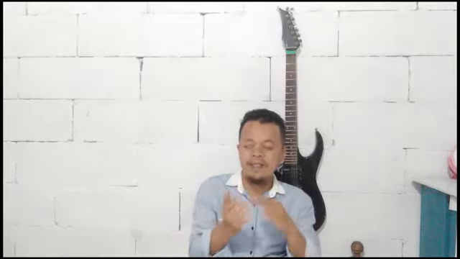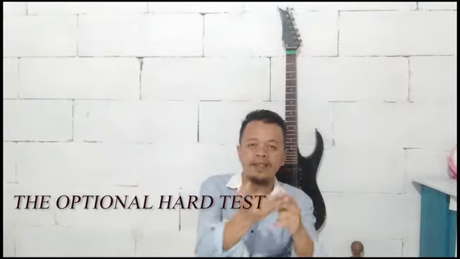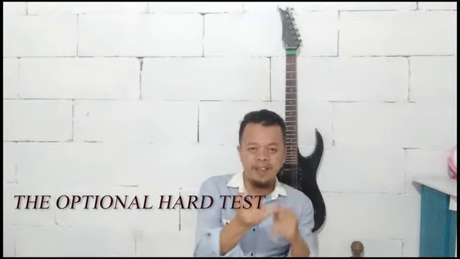The next example is a nice black car. A is a determiner, nice is an adverb, black is an adjective and car is a noun. So it becomes a noun phrase. And the next, the optional hard test.